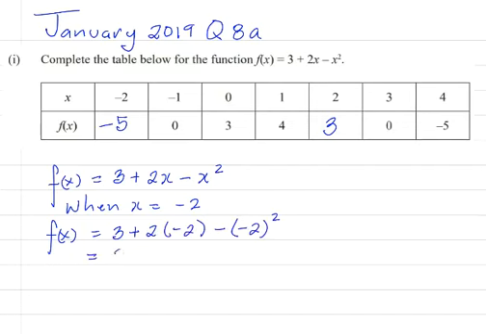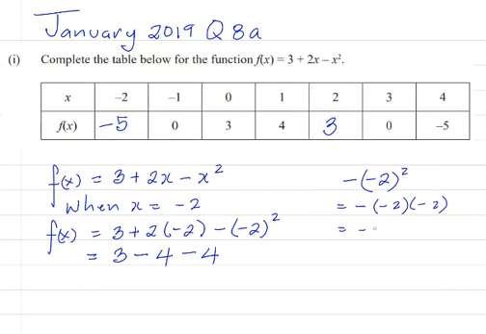So this would be 3, a positive times a negative is a negative, 2 2s are 4, and this is minus 4. So minus minus 2 squared is the same as saying minus times minus 2 times minus 2, which as I said is minus 4.